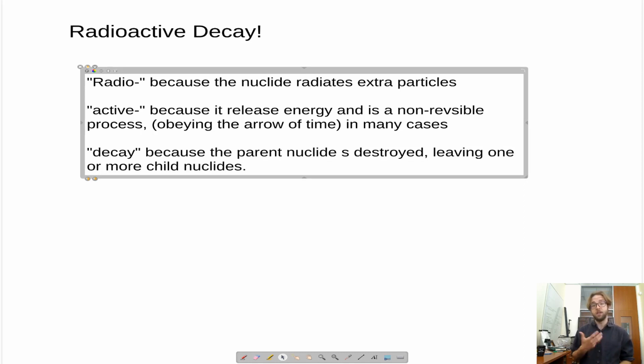That is to say, in many cases, when you eject some subatomic particle from your nucleus, the nucleus actually loses something and is therefore no longer the same nuclide that it was before. So you have the parent-child relationship, an analogy that a lot of people use. Various different decay modes exist, various different ways in which decay happens, and those are all dependent on the parent nuclide. So what you have determines what pathways you can go to.